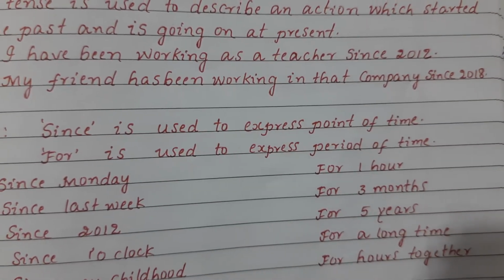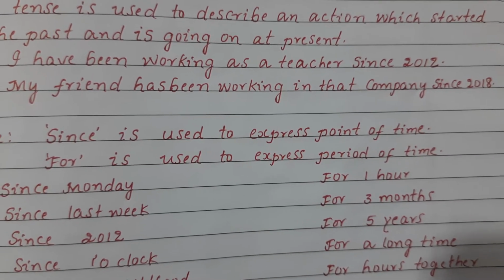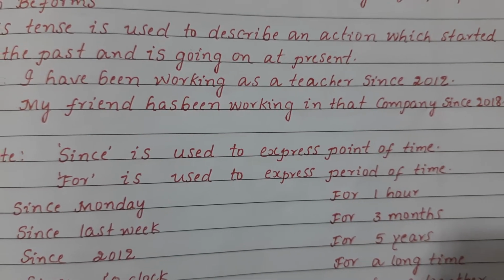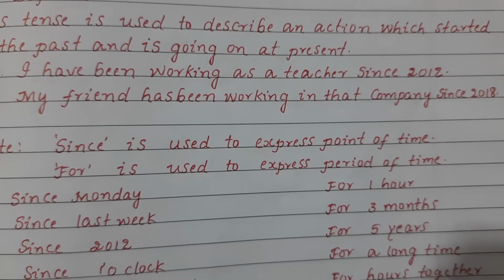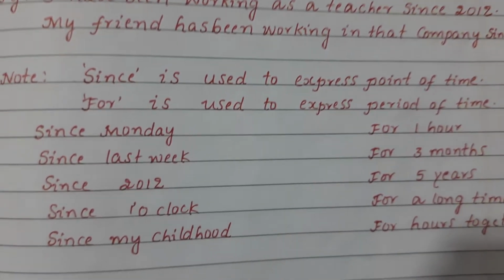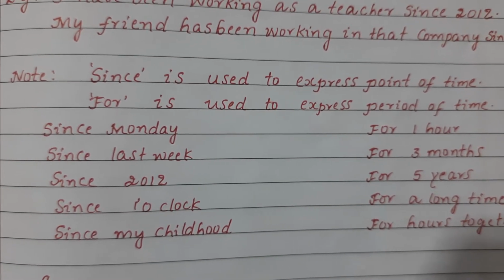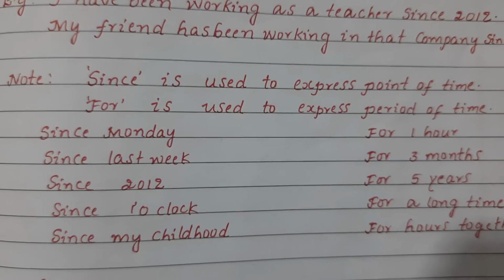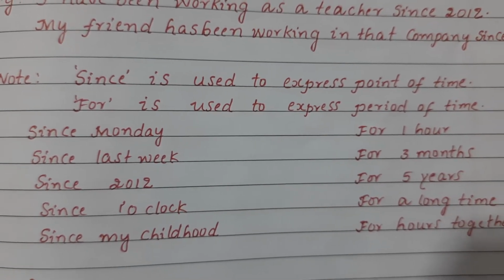Since is used to express point of time. For is used to express period of time. For example, since Monday, since Tuesday, since Wednesday, since Sunday, since Thursday, like that.